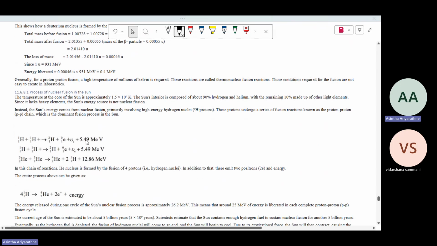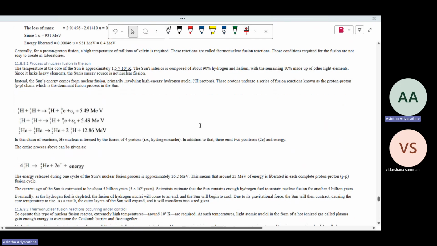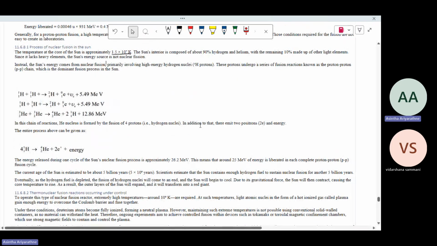So the temperature of the core of the sun is very huge, approximately 1.5 times 10 to the power 7 Kelvin. Most of the sun consists of hydrogen and helium. About 90% of the sun's interior consists of hydrogen and helium.